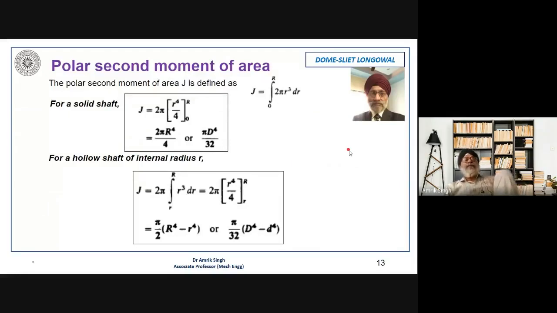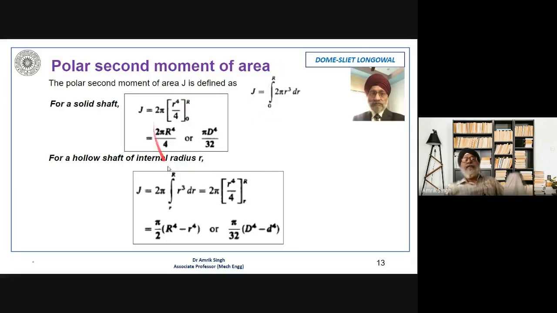Now, we know from the previous article that the polar moment of the area J is equal to the integral from 0 to R of 2 pi R cube dr. So for a solid shaft, J will be equal to 2 pi R4 upon 4, from 0 to R, because if we integrate this, it will be R4 upon 4, and if you put in the limit, you will get this.